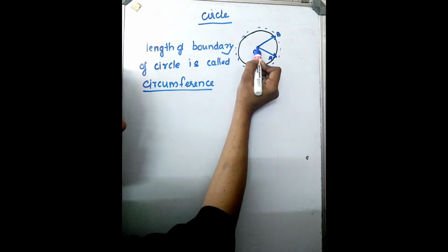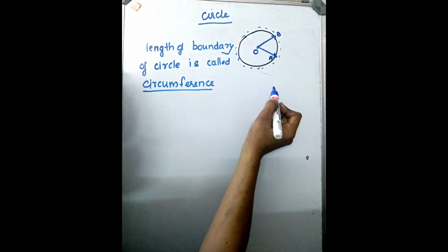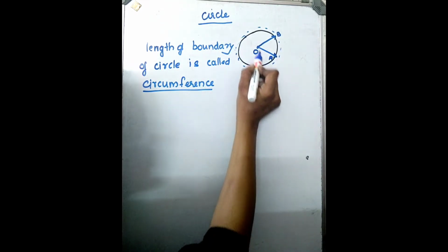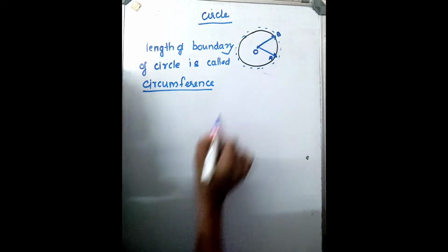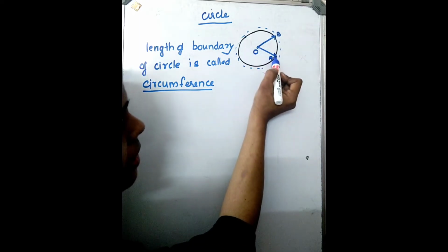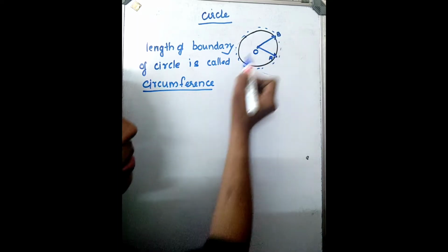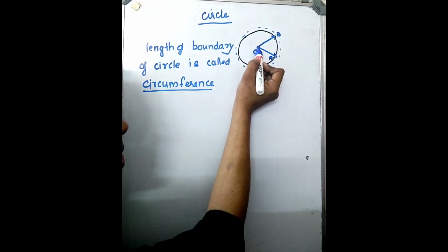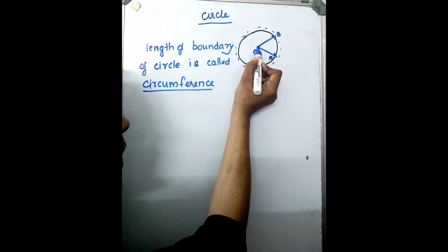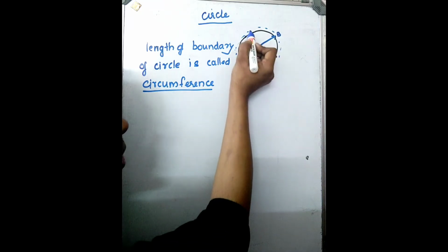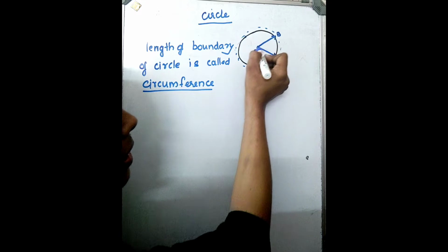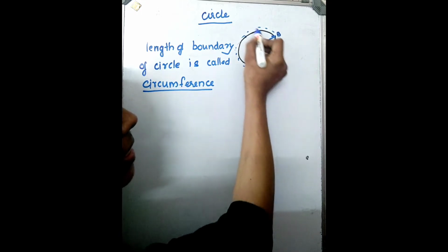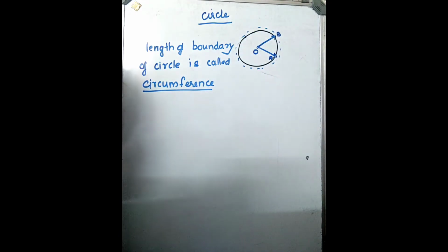As this is the center of the circle, any line drawn from the center to the circle is equal.